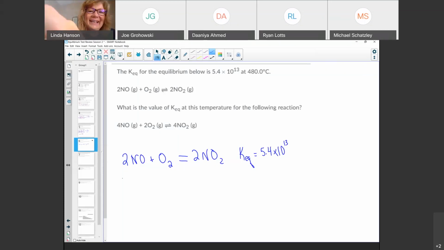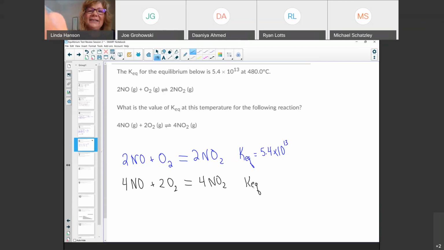What I see in the next equation is 4 units of NO plus 2 molecules of oxygen going on to 4 NO2s. And we're asked to solve for this equilibrium constant. So there was a section in our lessons, in our video notes, where I talked about whatever you distribute through a reaction, that becomes the order with which you raise the K constant to.